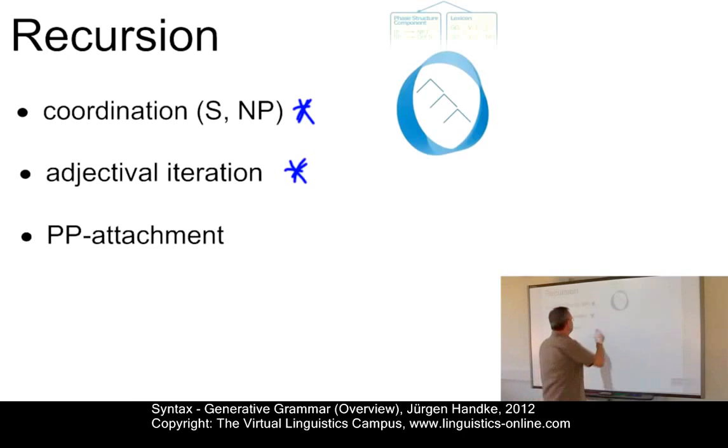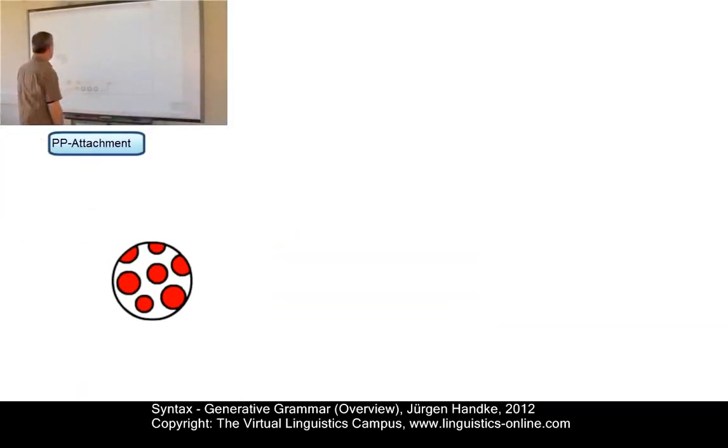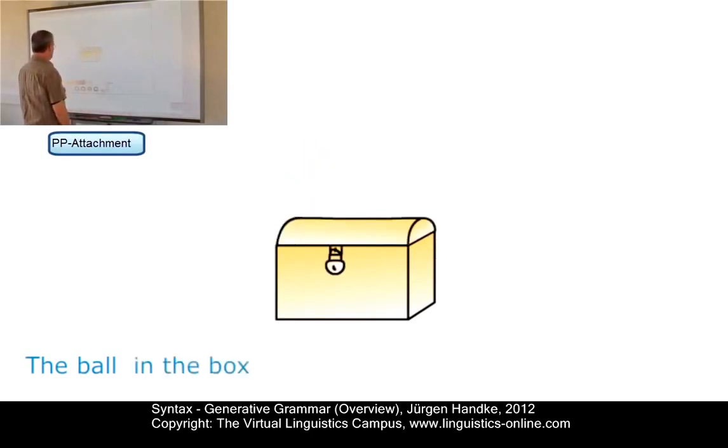Well, the last one is referred to as prepositional phrase attachment, and I would like to exemplify this example in more detail. Here is my example. Let's start with the noun phrase, the ball. Now, a next step would put the ball in the box, so we have the first prepositional phrase.